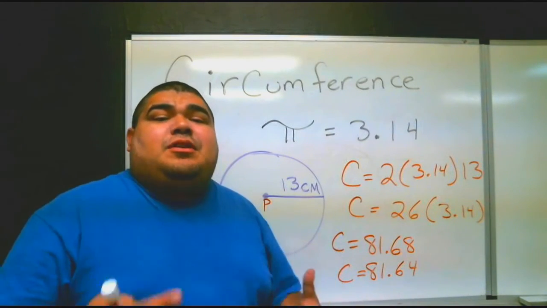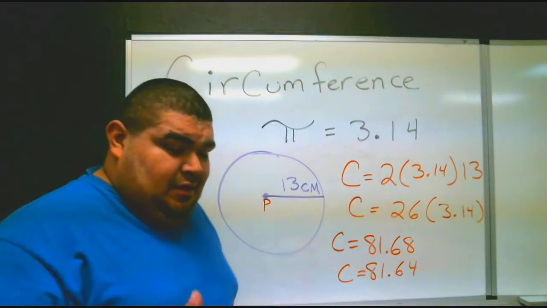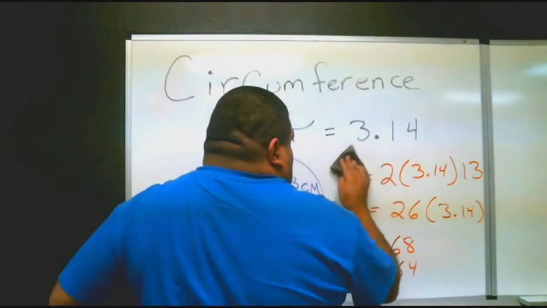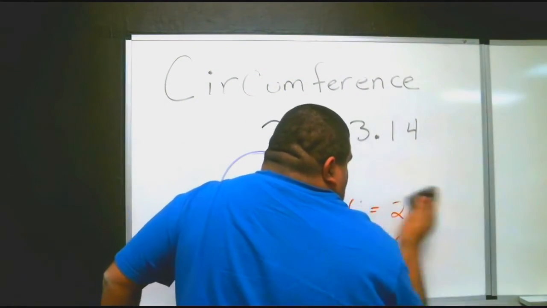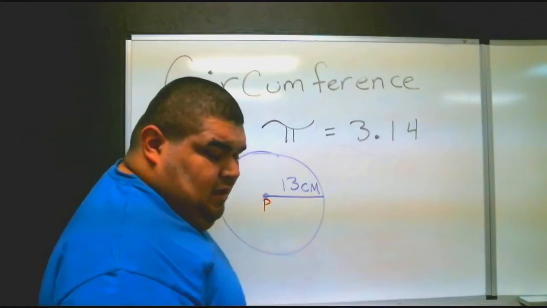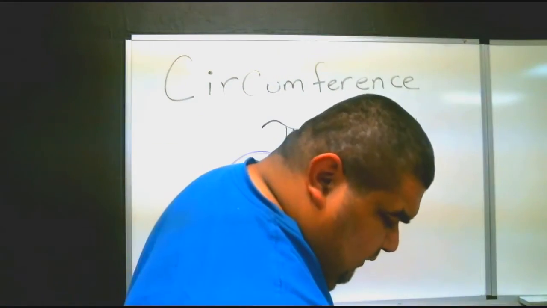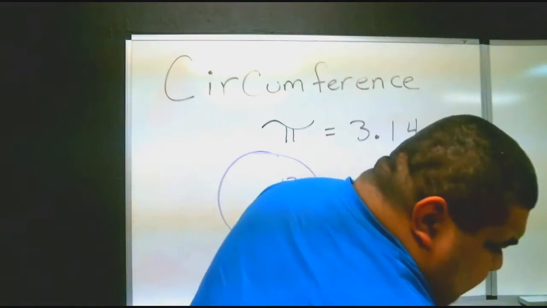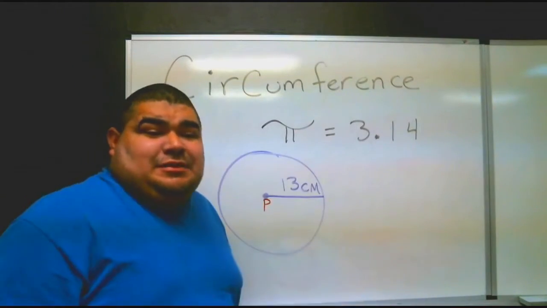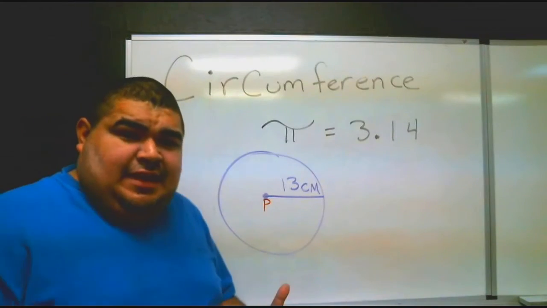Now we're going to use the other equation. We're still going to keep the same problem. Remember, guys, everything I write on the board, make sure you write it down, okay? Now we're going to use our other equation. C equals pi times diameter. You might ask yourself, how do we find that diameter?